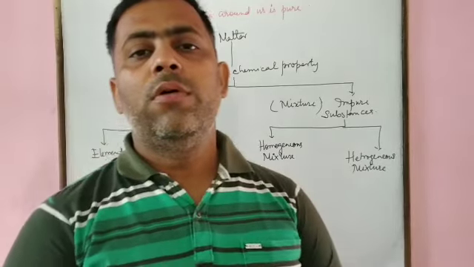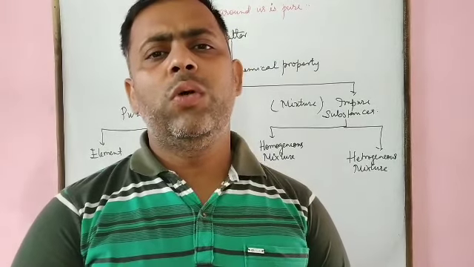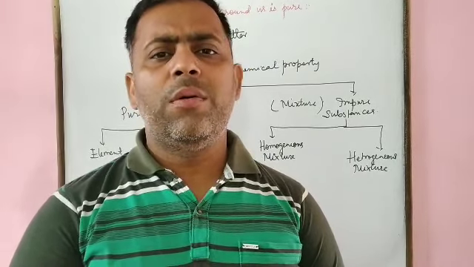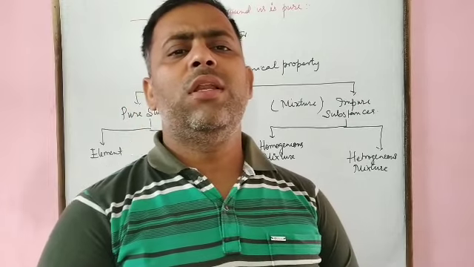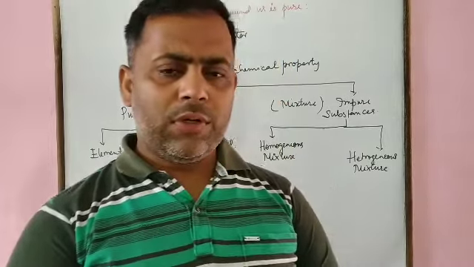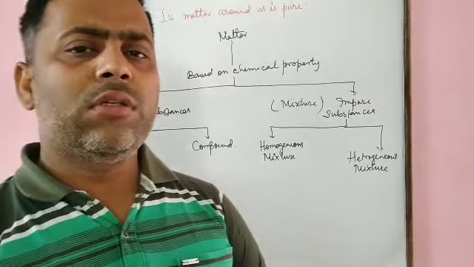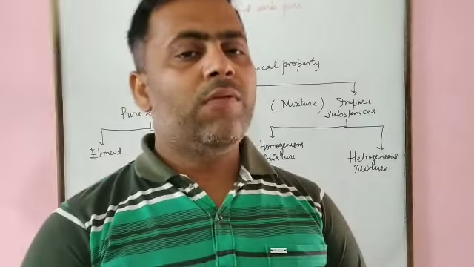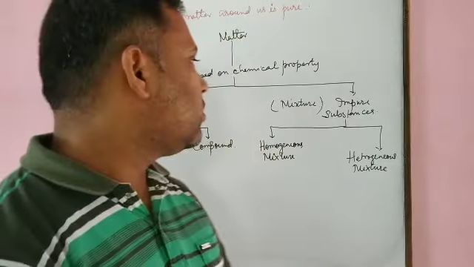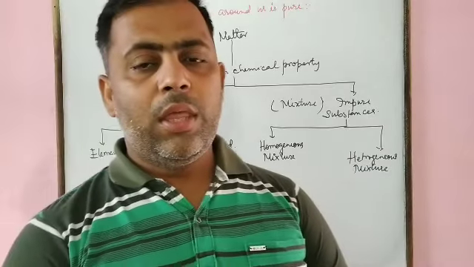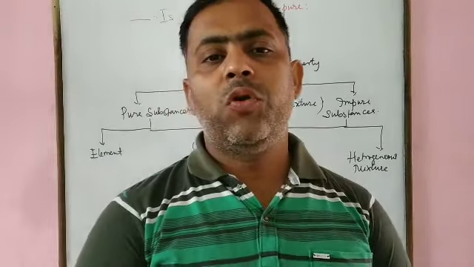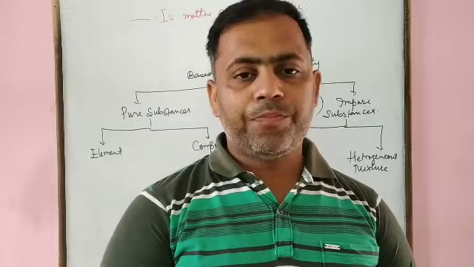We know when two or more than two elements or compounds are mixed together in any proportion, the proportion is not fixed. If the proportion is not fixed, then the composition is not fixed. And when composition is not fixed, then it is termed as mixtures. Mixtures are of two types, homogeneous and heterogeneous.